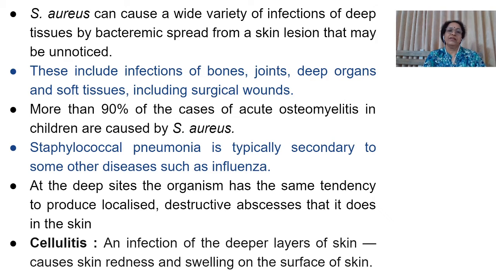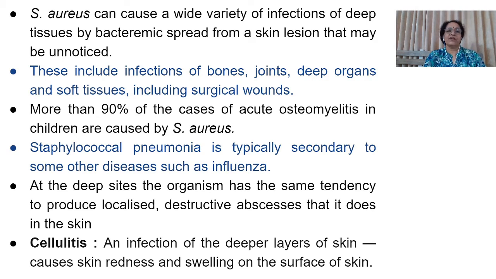Means first the pathogen is some virus, and as the immune status of that person lowers because of this primary pathogen, the secondary invader is Staphylococcus aureus. At the deep sites, the organism has the same tendency to produce localized destructive abscesses that it does in the skin. So, here life-threatening diseases may be caused by this organism.